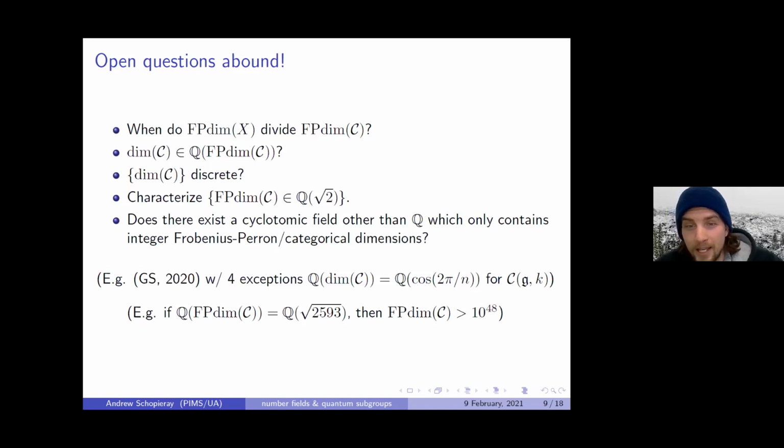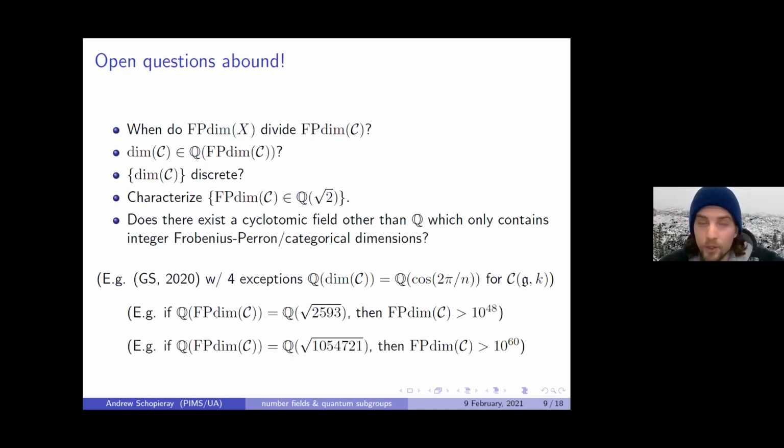So if you did find a category which has a dimension in this field, it would have to be ridiculously massive in size. You can go on in an infinite list of these, but I picked this one because it means your category has to have a dimension which is larger than the order of the monster group, for example.